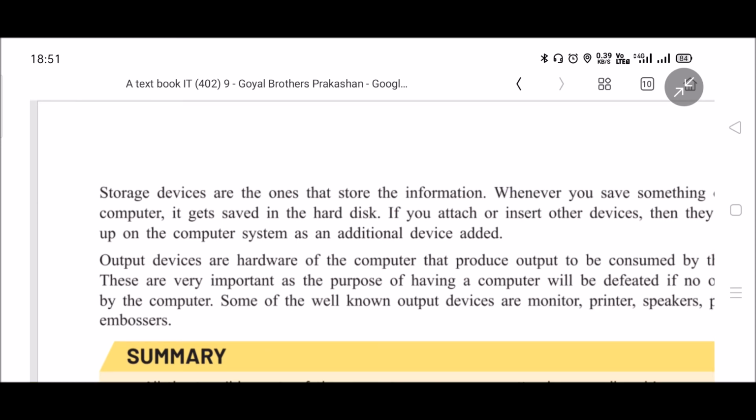Then storage devices, we have already discussed. Storage devices are the ones that store the information. Whenever you save something into the computer, it gets saved in the hard disk. If you attach or insert other devices, they store into the storage device.